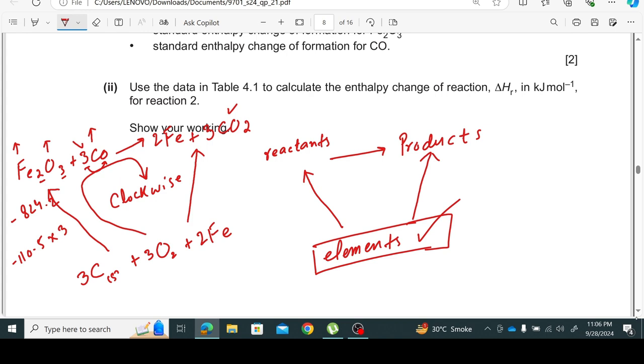For Fe, like 2Fe, it is an element, so its value is not given. So you have to write it here, minus 393.5. You have 3 there, so you will multiply by 3.